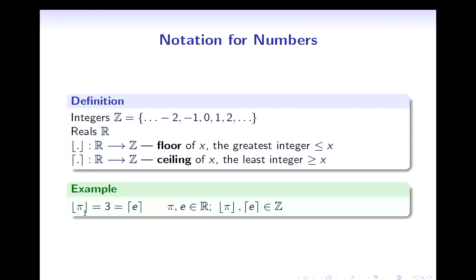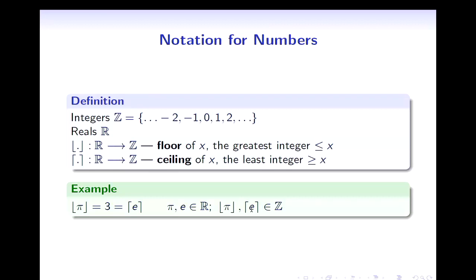So the floor of 3.14 is 3, and that happens to be the same as the ceiling of what you can call the second most famous mathematical constant, namely the basis of the natural logarithm, or e, the value of which is 2.71, and so on and so forth. And clearly, the next higher integer of 2.71 would also be 3. So you can see that pi and e are real numbers. They are not integers. The floor and the ceiling, however, of every real number would be an integer.